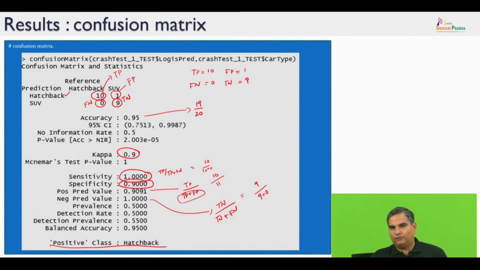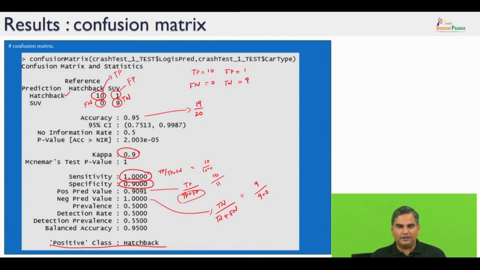Now, if one were to ask what are good values for this, that is where a little bit of subjectivity comes in. There are applications where you might say sensitivity is very important, or there might be applications where you might say specificity is a little more important than sensitivity and so on.